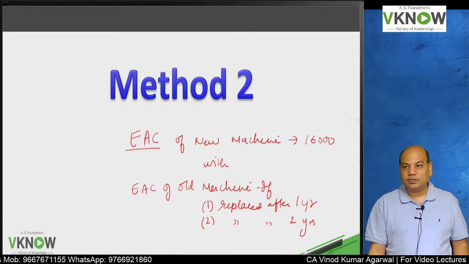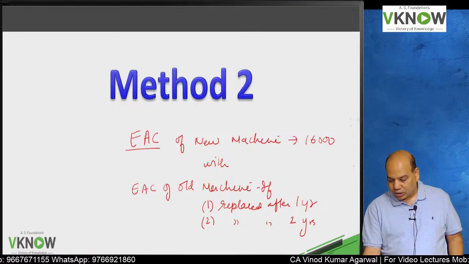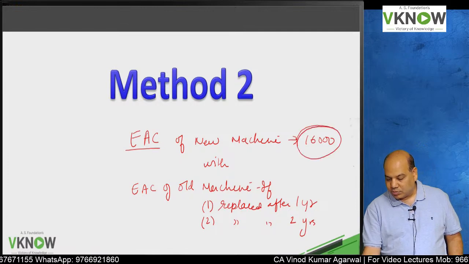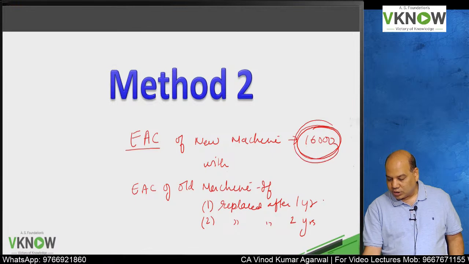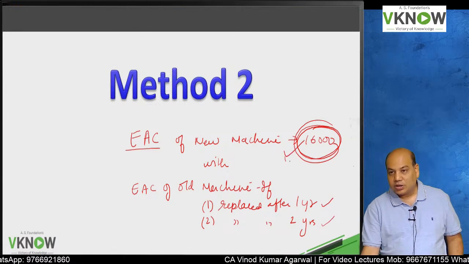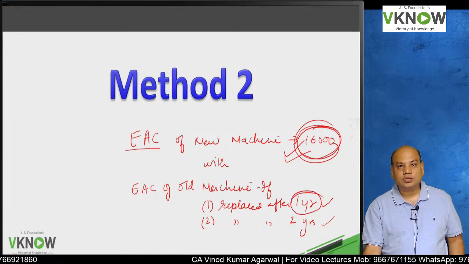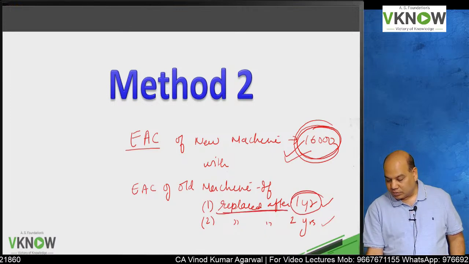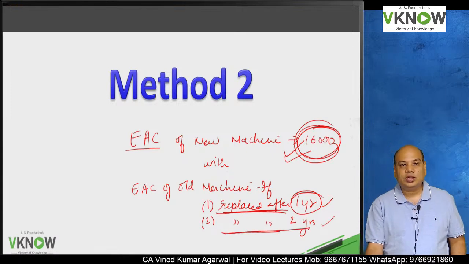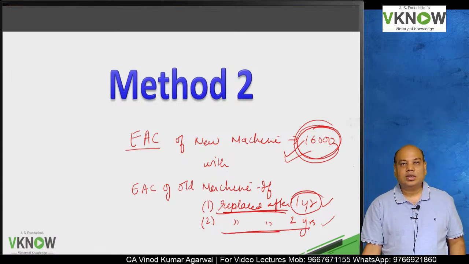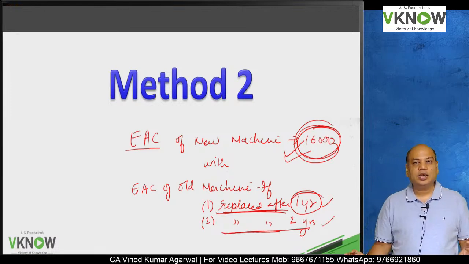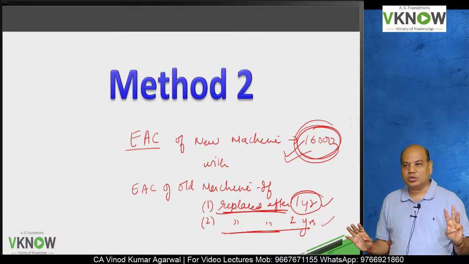If 16,000 is the lowest of these, then replace now. If EAC of 1 year is lowest, then replace after 1 year. If EAC of 2 years is lowest, then replace after 2 years. So it is again comparing three options.